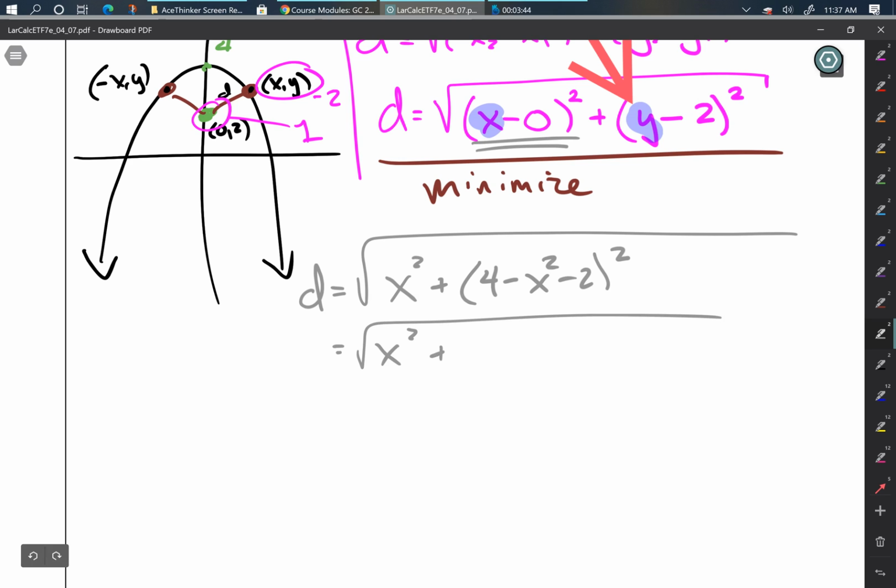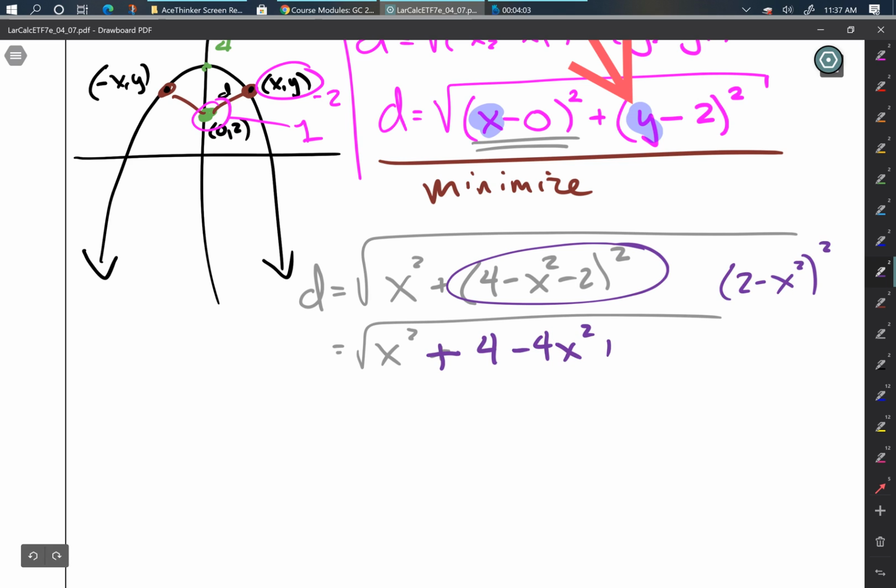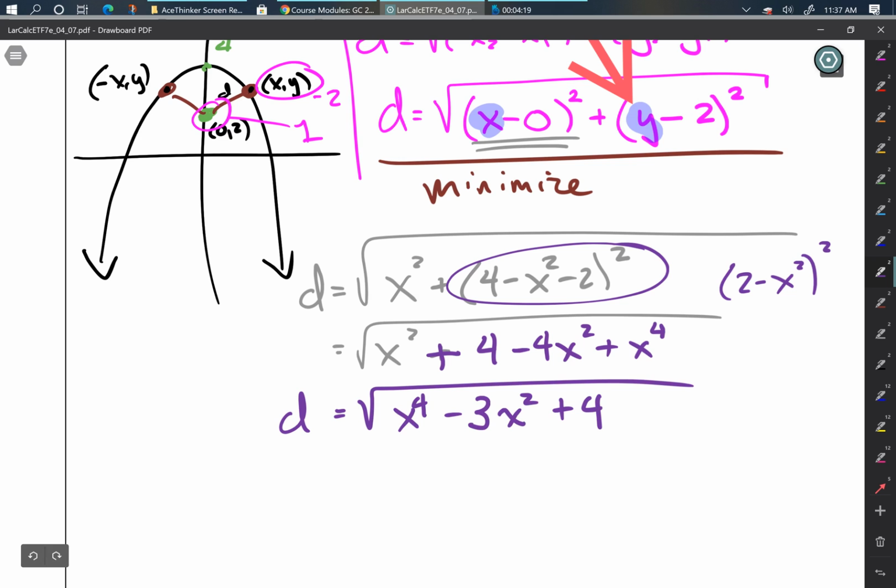Let's see. 4 minus 2 is 2. So (2 minus x squared) squared. So this set of parentheses right here is going to turn into this, right? And so when I square that, I'm going to get 4 minus 4x squared plus x to the 4th. And then if I clean that up further, I get that d is equal to the square root of x to the 4th minus 3x squared plus 4.